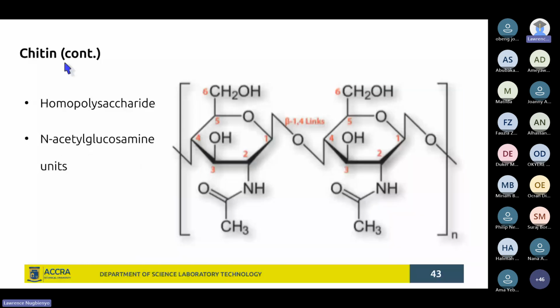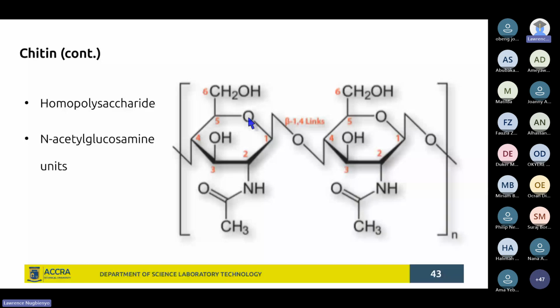But if you zoom into the structure of chitin, you realize chitin is also a homopolysaccharide. It's made up of the same monosaccharide units. This time around, it is a derivative of glucose, and that derivative is N-acetylglucosamine.